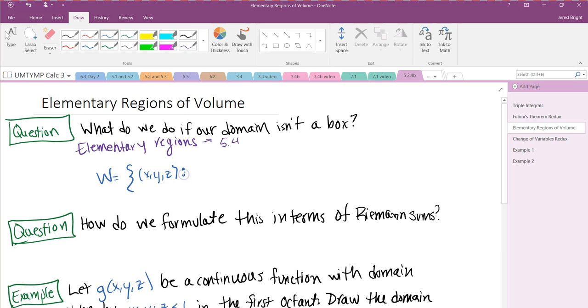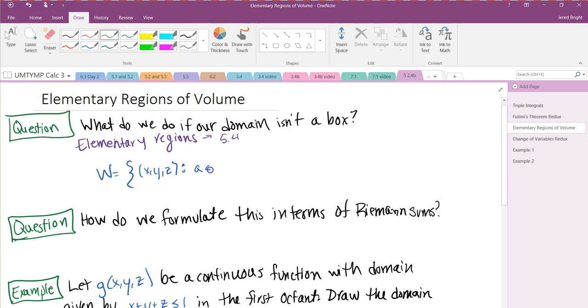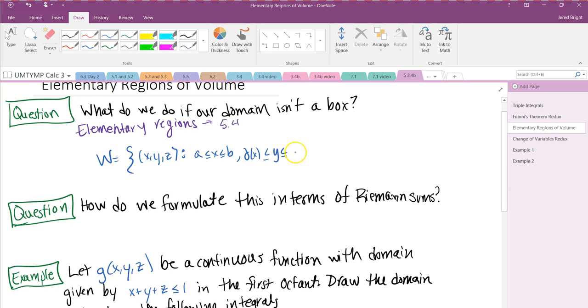But we would think of perhaps our region W as, okay, X is bounded between two nice constants, and then we might need to write Y as bounded between two functions of X. Let's call it gamma of X and delta of X, okay?